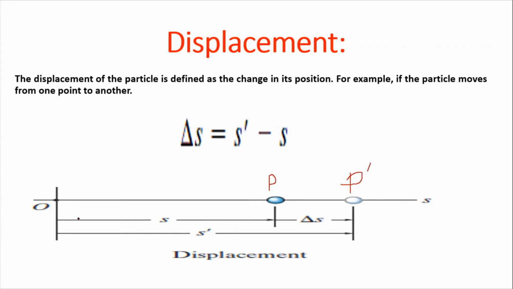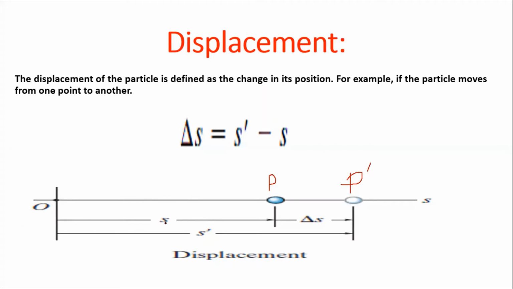If it covers a distance of s up to here, then the next point, P dash, is at distance s dash from the origin.